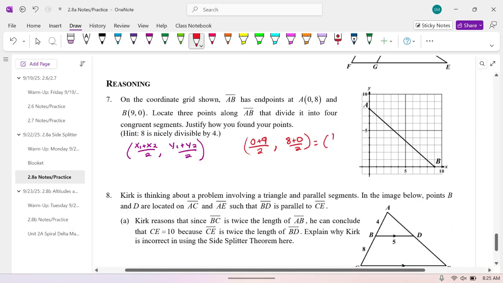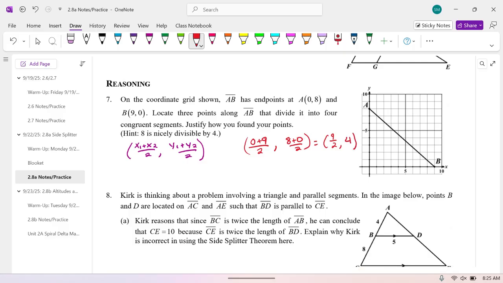We're just going to leave that as 9 halves. 8 plus 0 is 8 divided by 2 is 4. So this would be my first point, about right here. Let's call this point C.